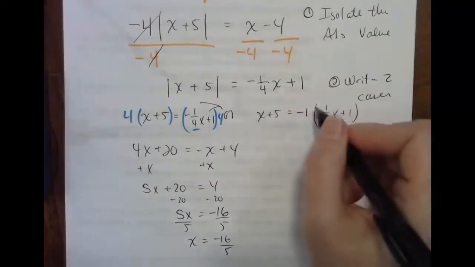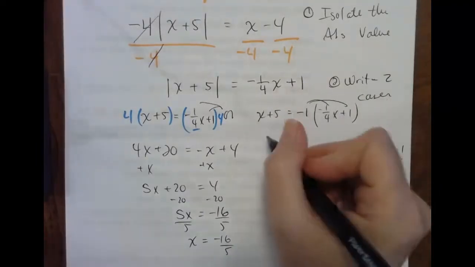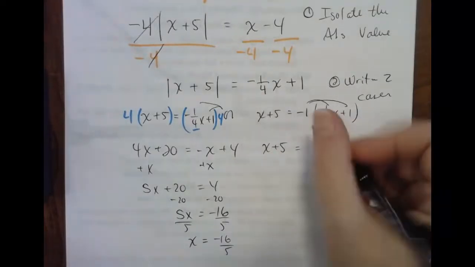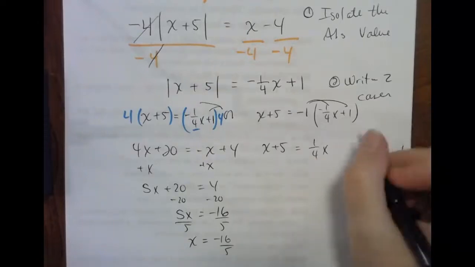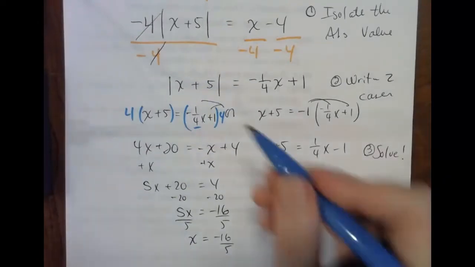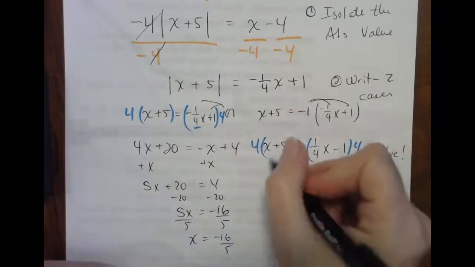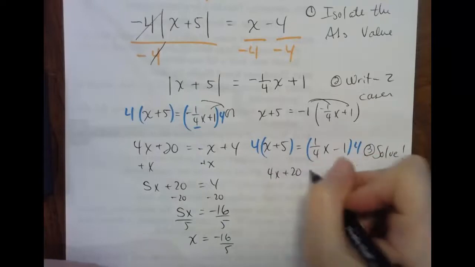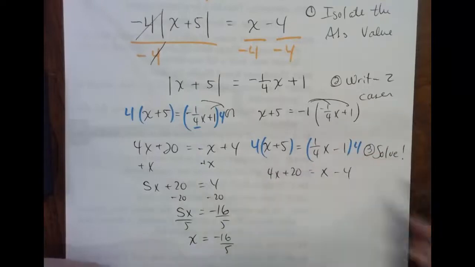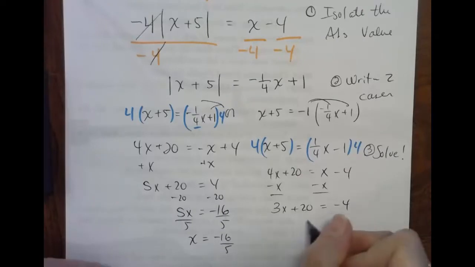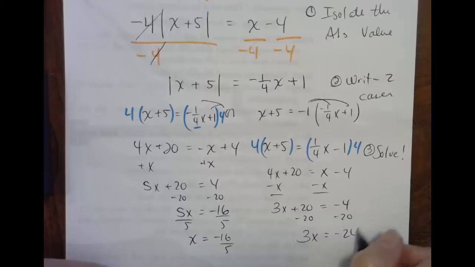We're going to do the same thing over here, but first we got to distribute that -1. X plus 5 equals +1/4 x minus 1. Now, same thing we did. Get rid of the fraction by multiplying by 4. So 4x plus 20 equals x minus 4, minus x minus x. 3x plus 20 equals -4, minus 20 minus 20. 3x equals -24.